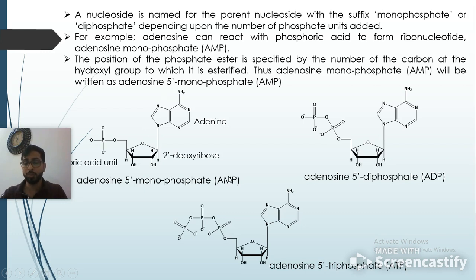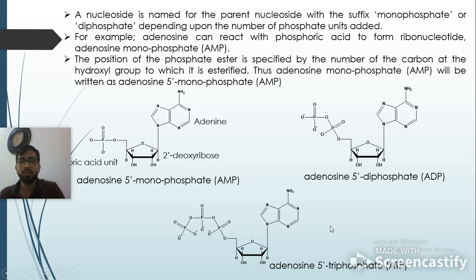Likewise, if we have two phosphate groups here, one phosphate group and another phosphate group, this type of system can be named as adenosine 5' diphosphate. The common name is ADP. You must have heard about ADP and ATP. ATP is the triphosphate system. You can see here, this is the triphosphate system. Adenosine 5' triphosphate, ATP.